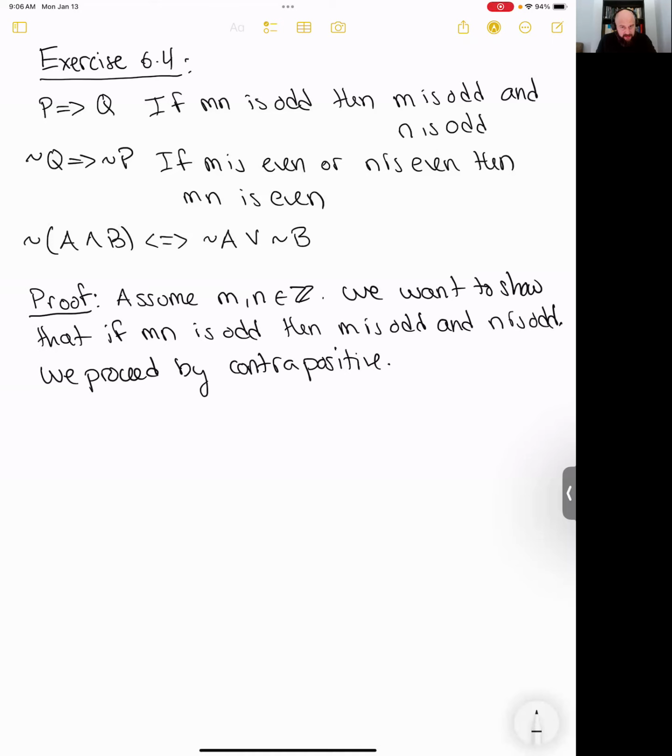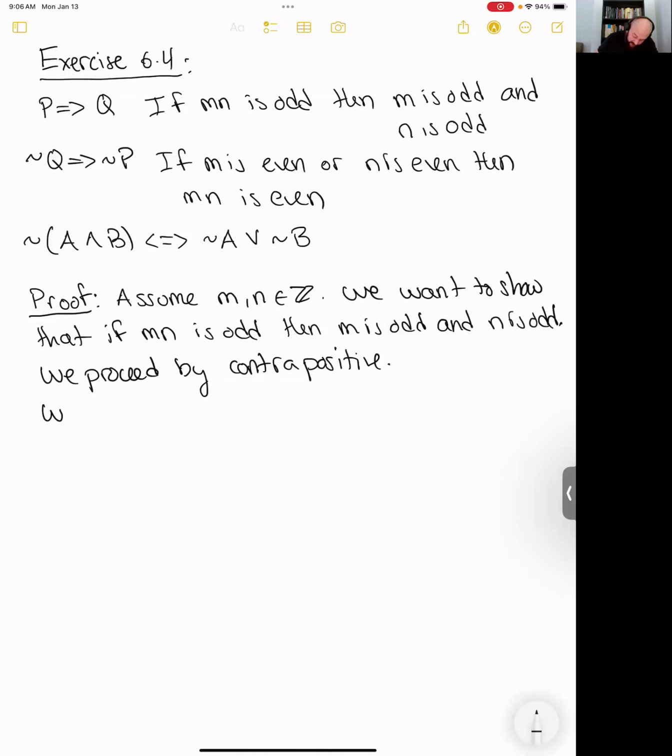Oftentimes, we use this when there's technically cases involved in the proof, but the cases are basically identical. But again, students will use this sometimes when the cases are not identical and they get themselves in trouble. So I just want to emphasize that you have to be careful when using without loss of generality, okay? But we can use it here.